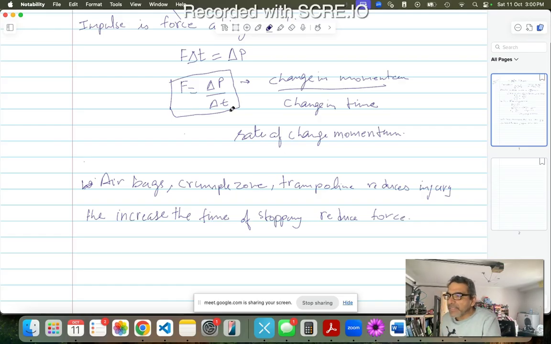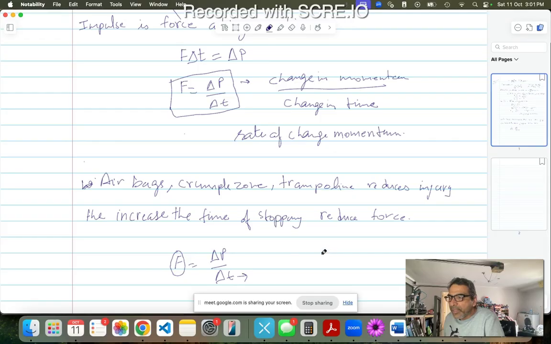So if you look at the formula we have written, F equals delta P over delta time, if we increase this time, the value of the force will be reduced.